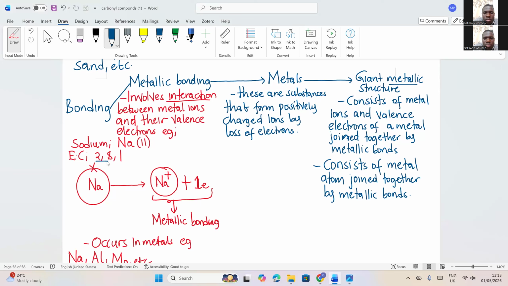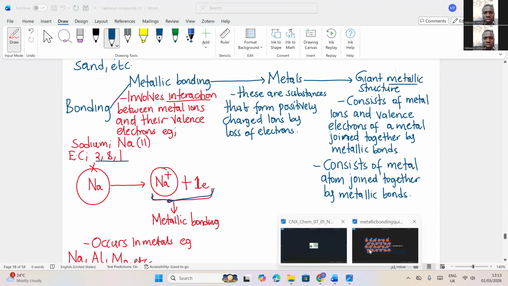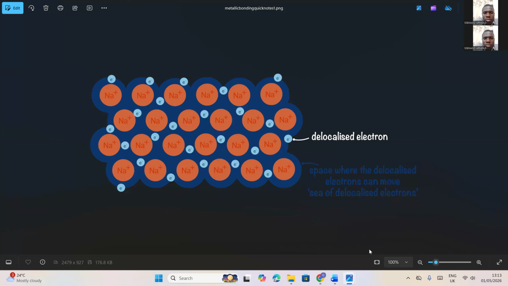I gave an example of sodium. In its outermost shell, it loses one electron to form a sodium ion. The interaction between the sodium ion and the electron which it has lost is what we call metallic bonding. So that's why we have the giant metallic structure.